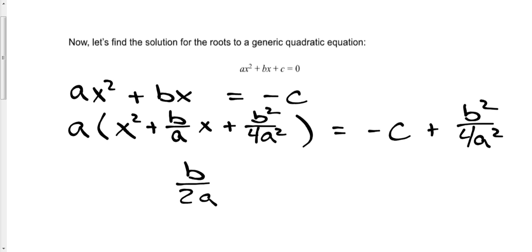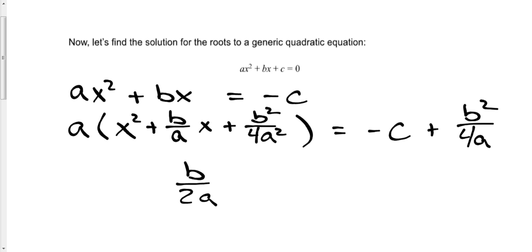I'm adding b squared over 4a squared times a, which means this squared over here goes away. You see that? So this is what I add. Good catch, Kristen.